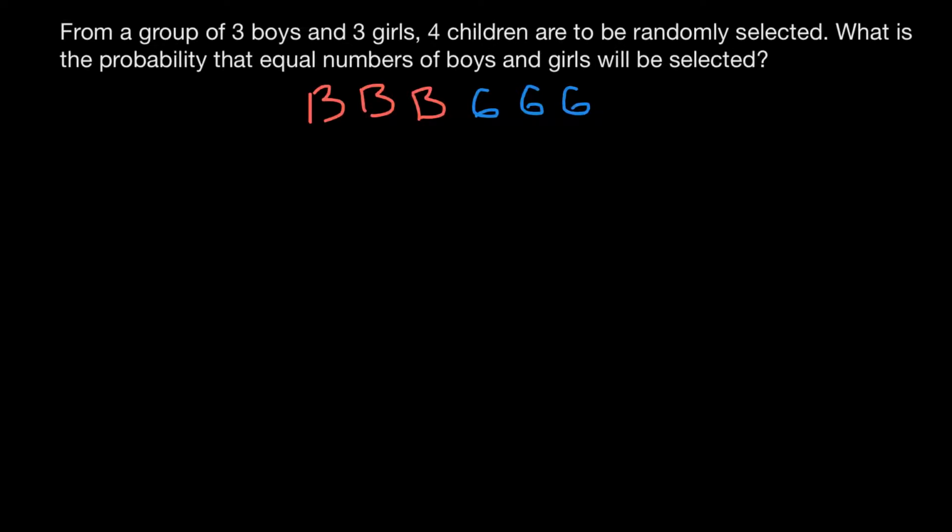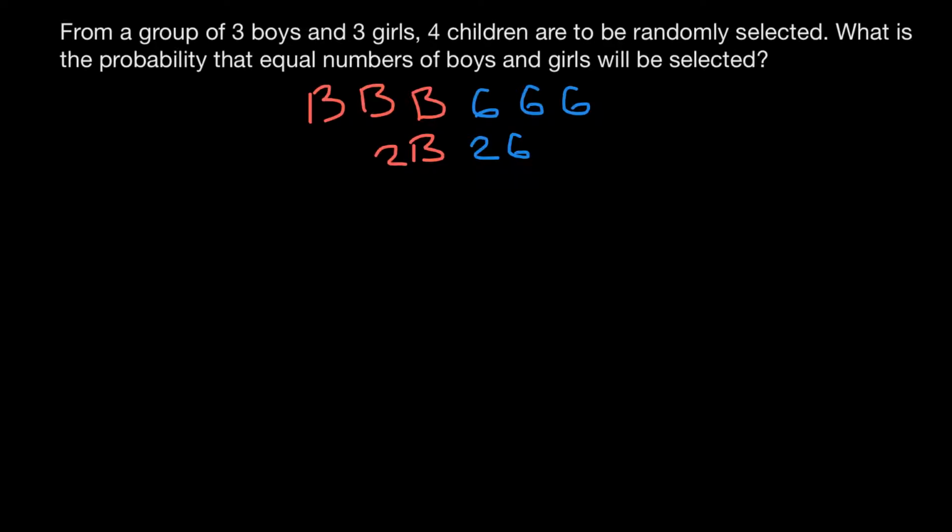And we have to choose 4 children, and the number of boys and girls has to be equal. What does it mean? That means that we have to choose 4 children, and 2 of them have to be boys, and 2 of them have to be girls. Then we would have an equal number of boys and girls.